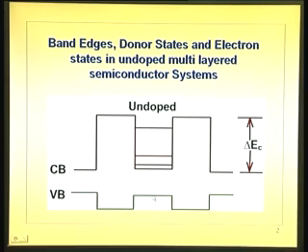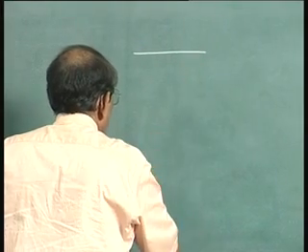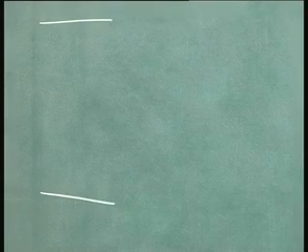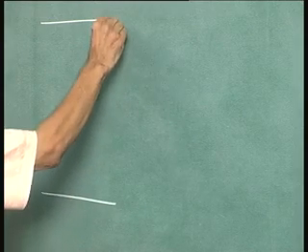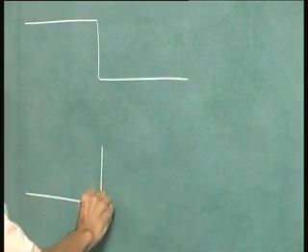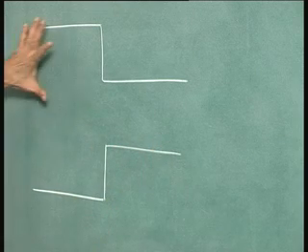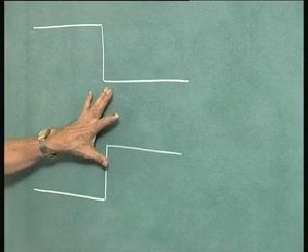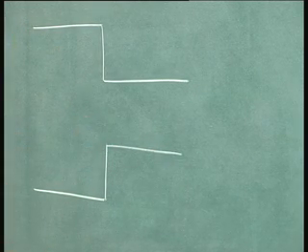So, what you have got is layers going like this, the conduction band, valence band joined with the conduction band, valence band, wide band gap, narrower band gap. You can go on, you can build multi-layer structures with heterojunctions.